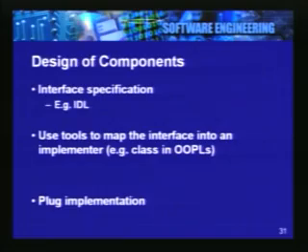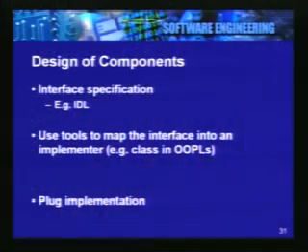When we design components, we mainly focus on the interfaces of the component, and the implementation can be in any given language or in a given context. So the interface is very important for the component. So when we talk of component orientation, you think of interfaces first.